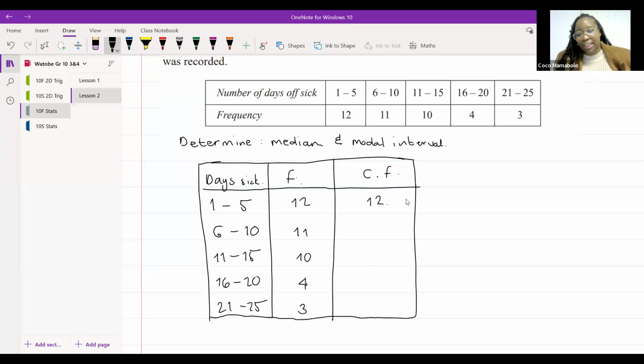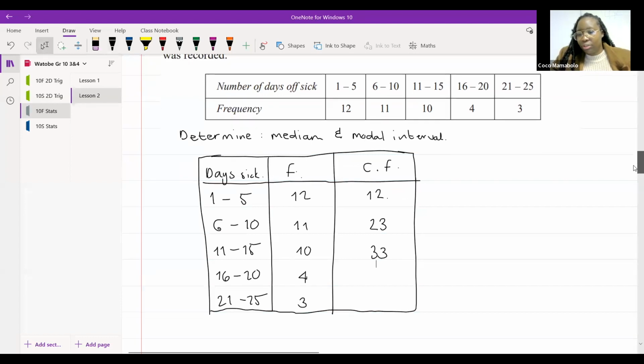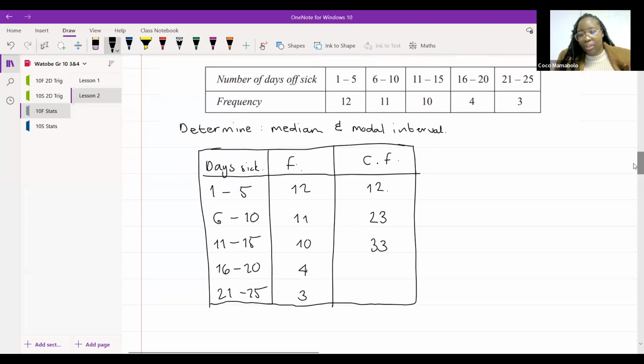What are we going to get here? It's going to be 23. 23, good. And then in the next one? 33. Good. 33. Plus 4. 33 plus 4.